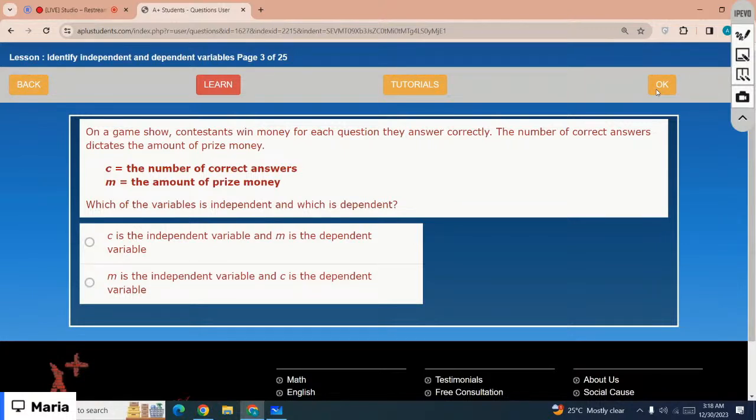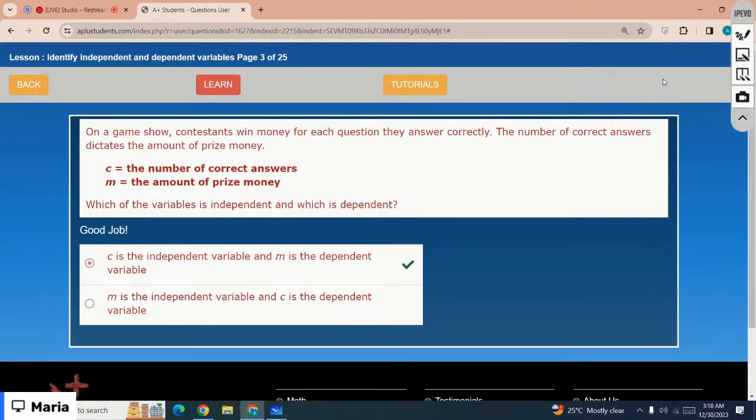The correct option is C is the independent variable, and M is dependent on the C, right? So C is independent and M is the dependent variable. Very good. Option number 1 is the correct option.